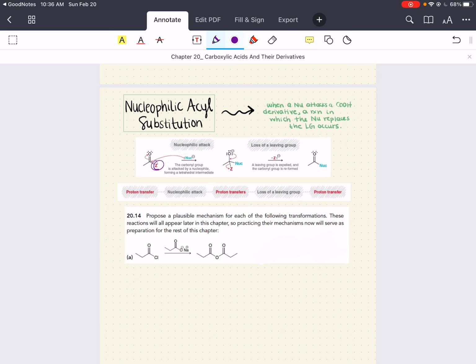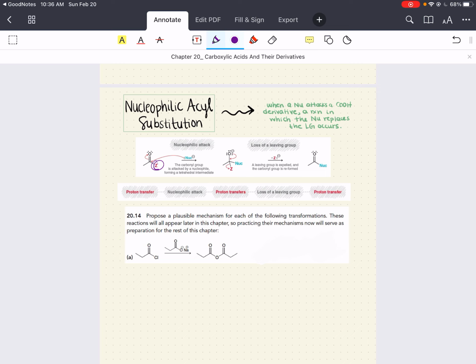They possess a heteroatom that can function as a leaving group, whereas when we talked about aldehydes and ketones, they did not. So when a nucleophile attacks a carboxylic acid derivative, that nucleophile can actually replace the leaving group, and this reaction is called nucleophilic acyl substitution.